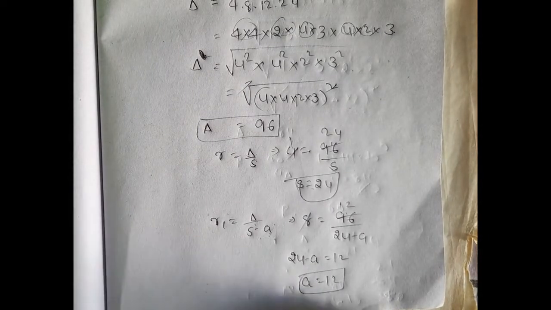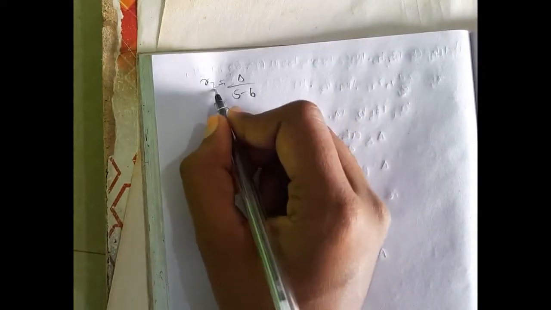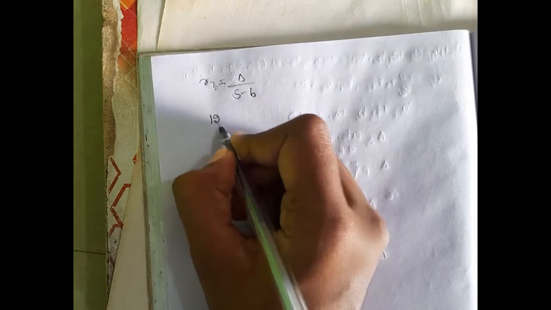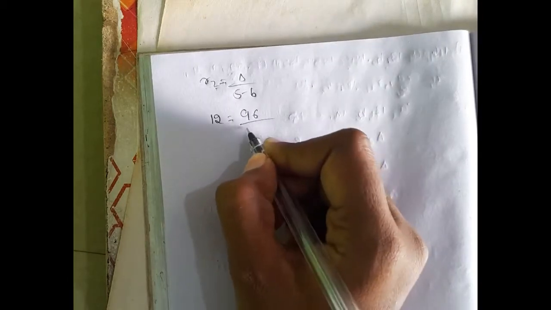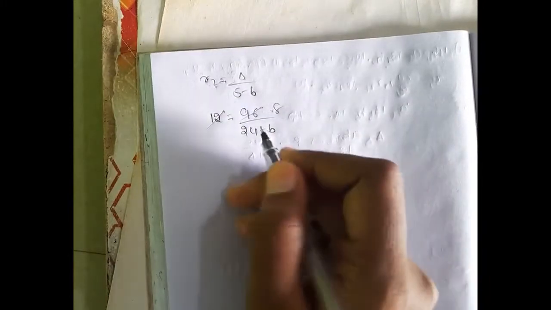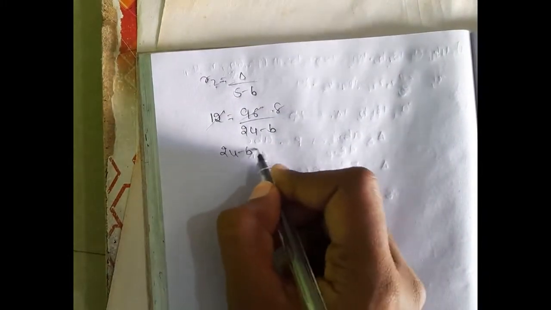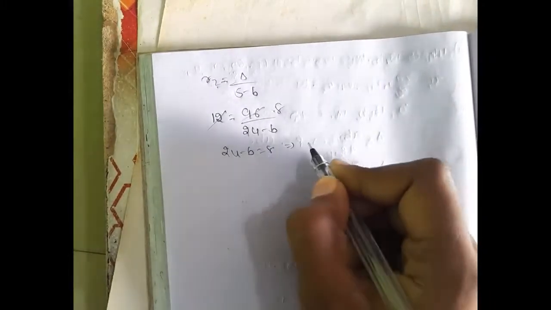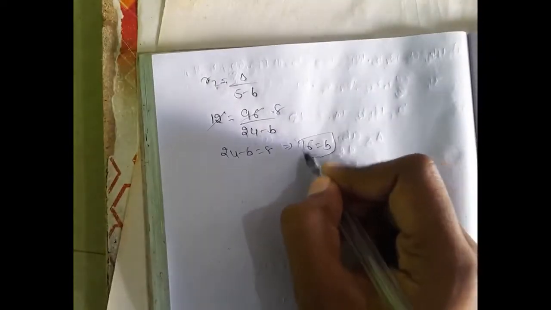Now next. In the formula of R2 we have B. So we are taking R2. Now what is R2? 12. Delta 96 by 24 minus B. 12 ones are 12, 12 eights are 96. Now 24 minus B equals 8 implies 16 equals B. Okay.